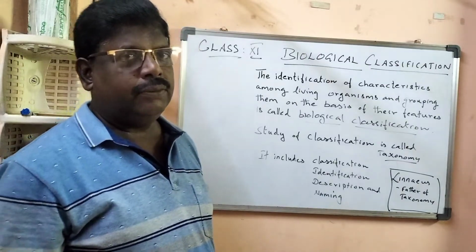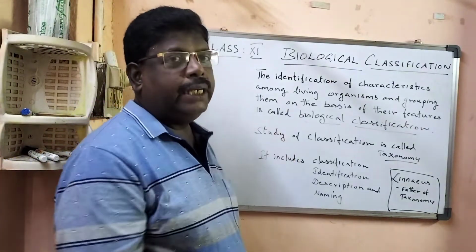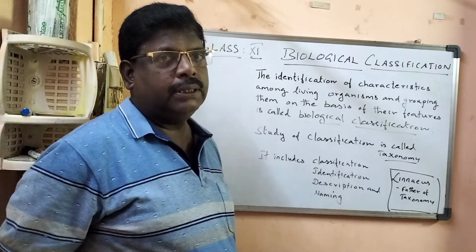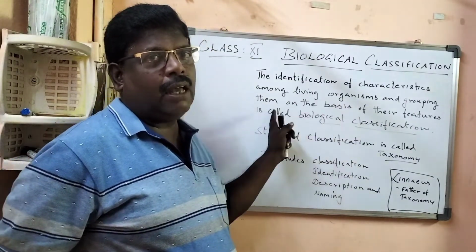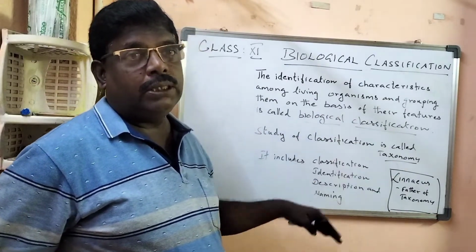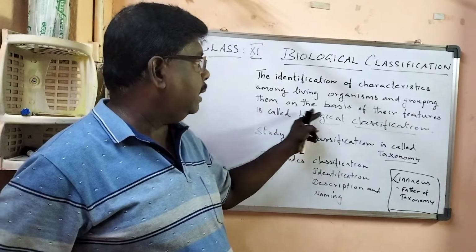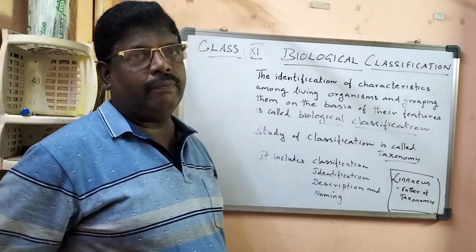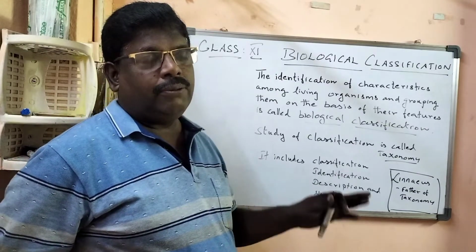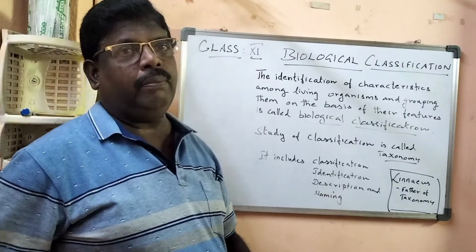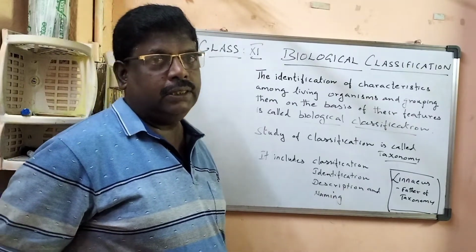So what is classification? The identification of characteristics among living organisms and grouping them on the basis of features is called biological classification. So I have to identify the characters and group them based on their features.